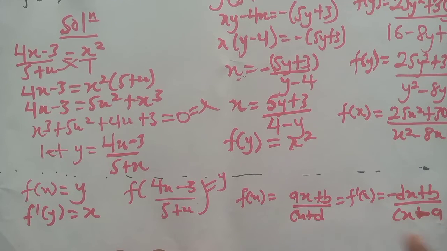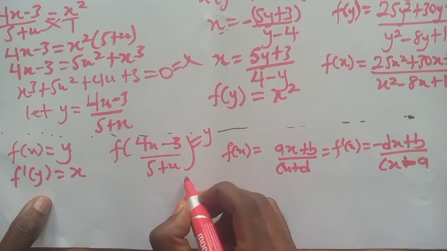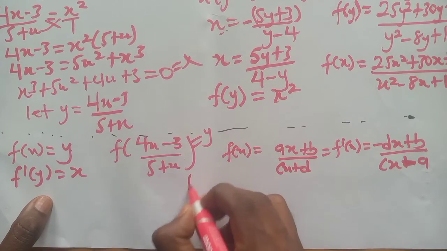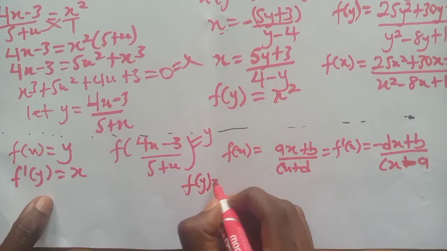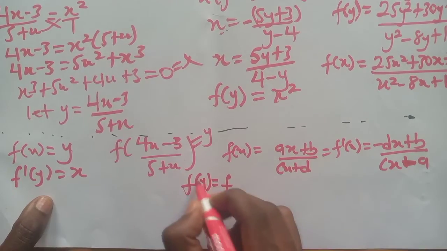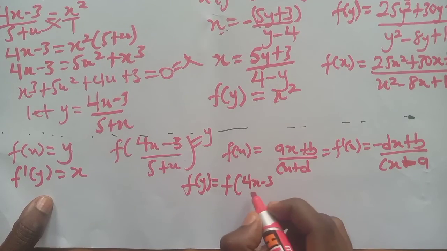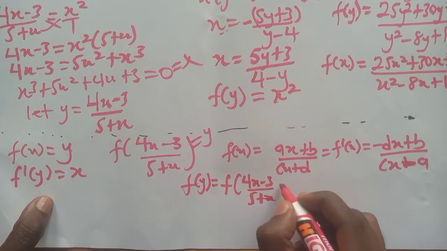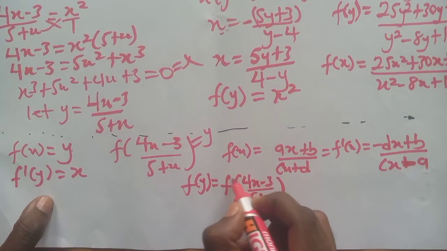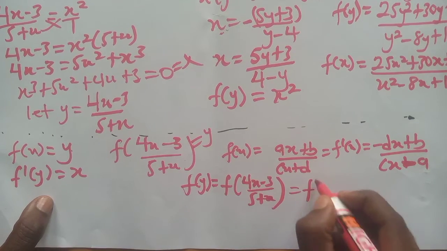Now if this is how to find the inverse of a function, then from what we had, remember f of s, so in this case f of y is basically equal to f of, what is y? Y is just 4x here minus 3 divided by 5 plus x, right? So that is f of that. Now what is the inverse of y?